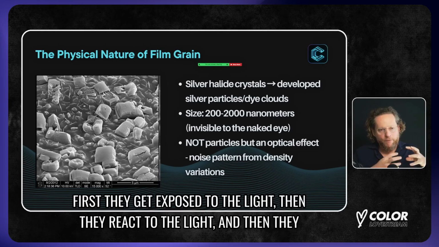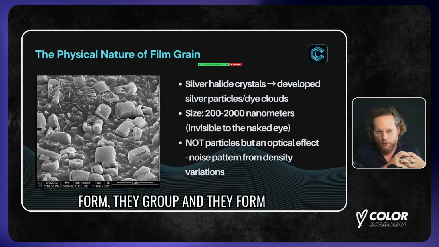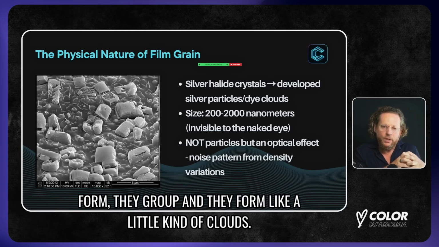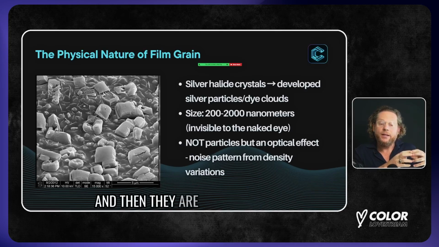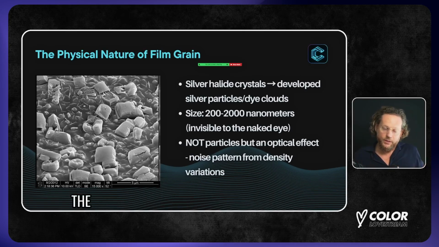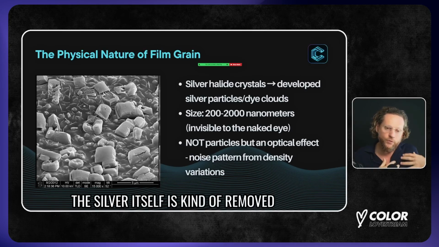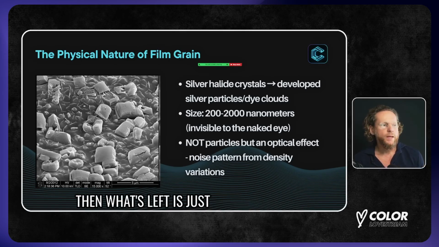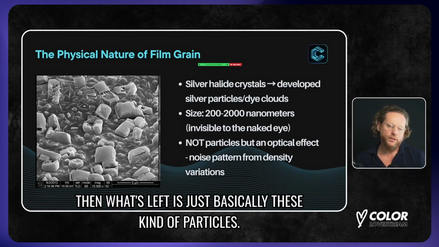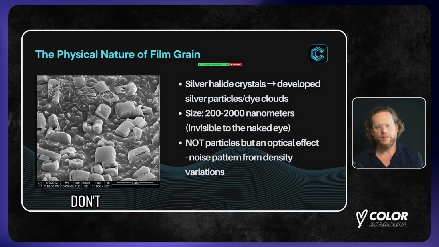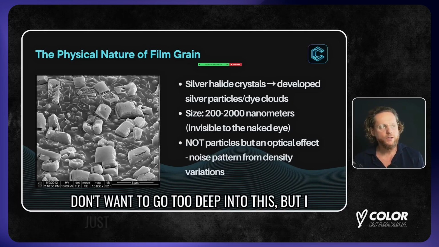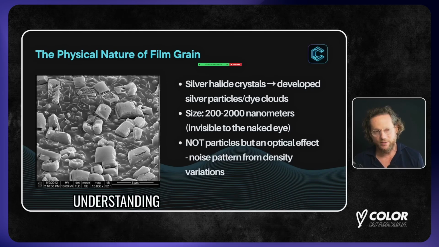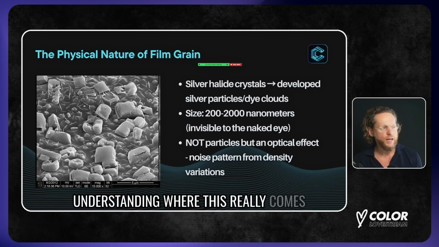Then they group and form little clouds, and then the silver itself is removed from the dye, from the emulsion, and what's left is basically these particles. I covered it in the past. I don't want to go too deep into this, but I wanted us to start with understanding where this really comes from.